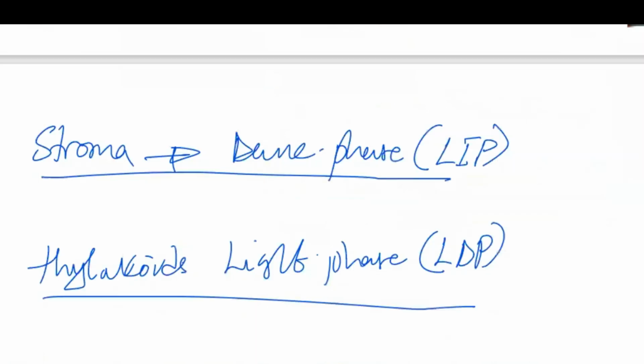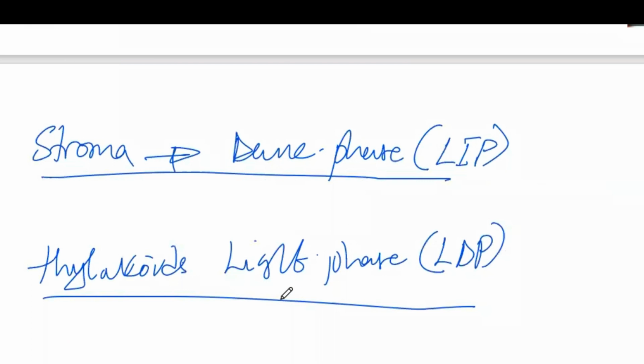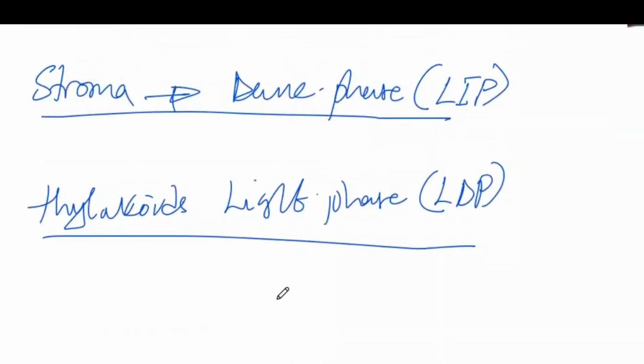What happens is that when the dark phase and light phase are complete, you will have what we call carbohydrate. But carbohydrate does not just come like that.